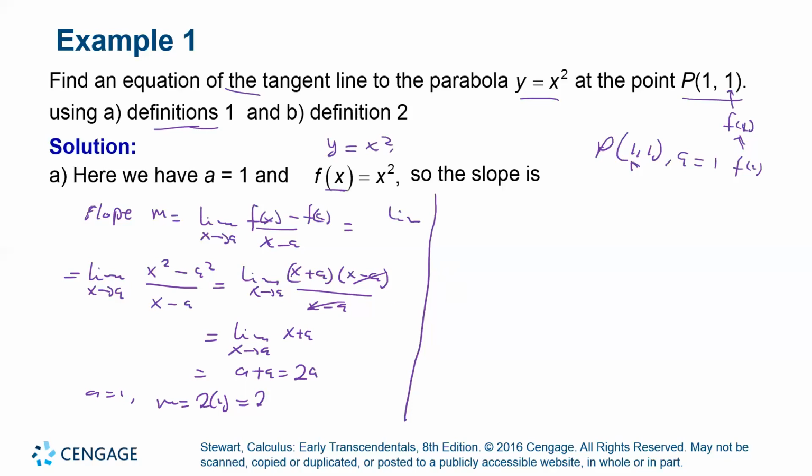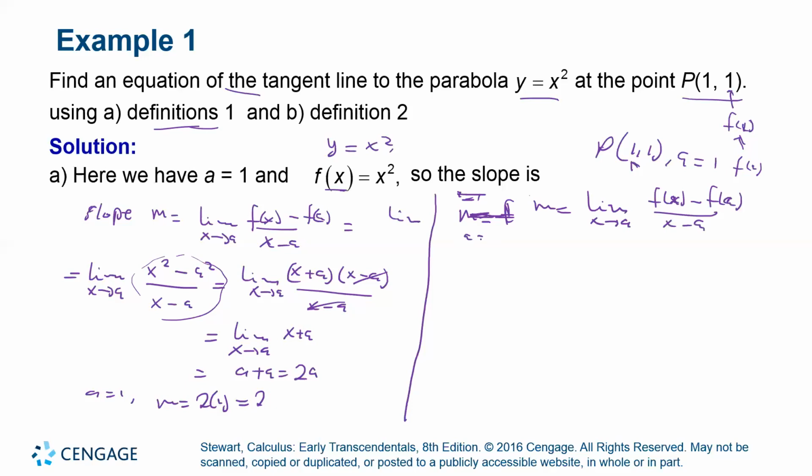I'll substitute a equal to 1 into the expression here and then simplify. It's much easier, so let me show that to you. You have m is equal to the limit, x goes to a, of f of x minus f of a divided by x minus a.